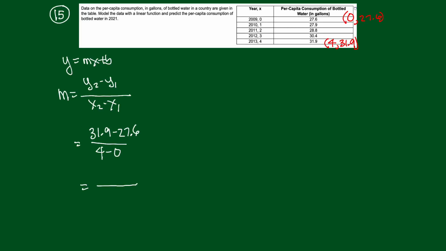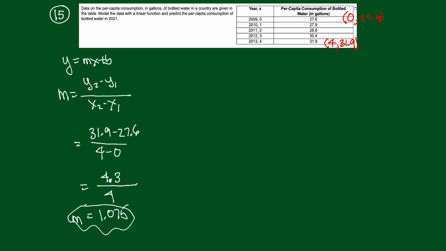31.9 minus 27.6 is 4.3. And how do I know that? I did it on my calculator, over 4. And this ends up to be a slope of 1.075. And now I have the y-intercept, right? I have the y-intercept right here, up at the top right.